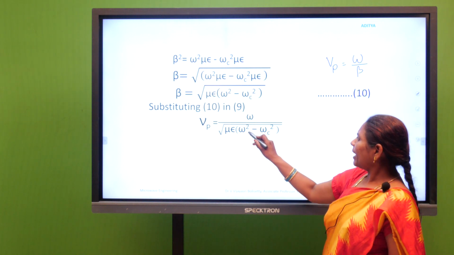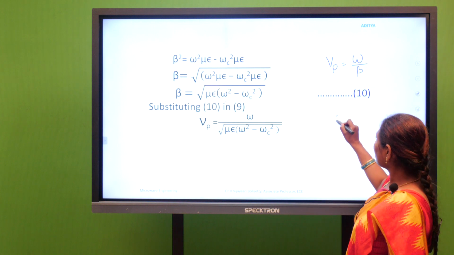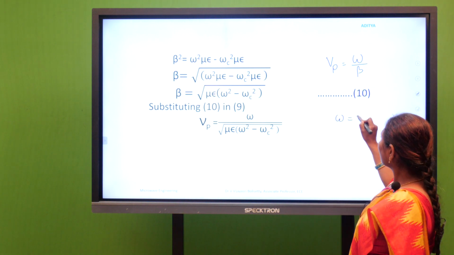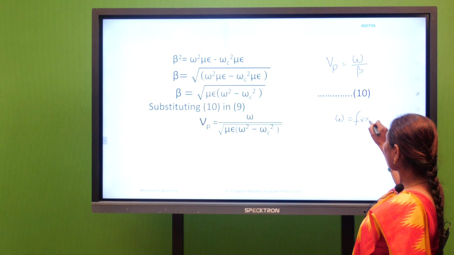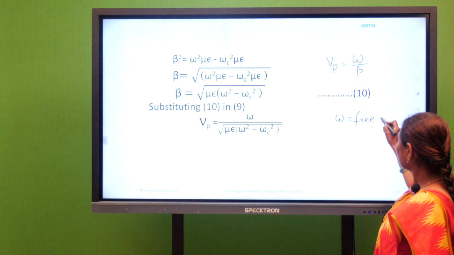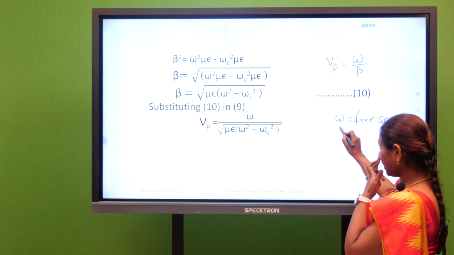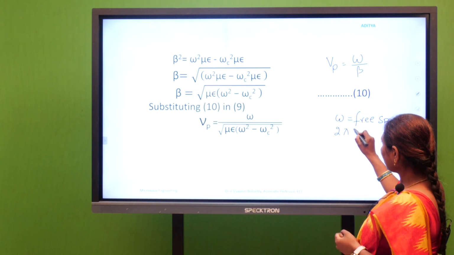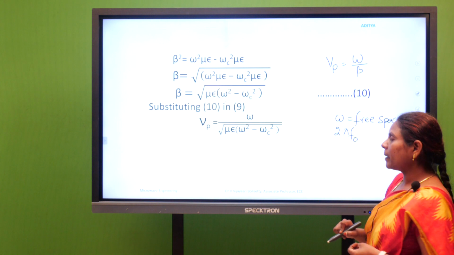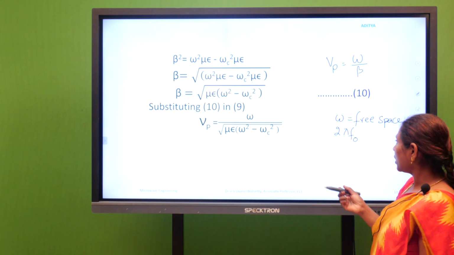Here this omega is the free space angular frequency. Okay. So we can also represent this omega as 2 pi f naught, in terms of free space frequency.